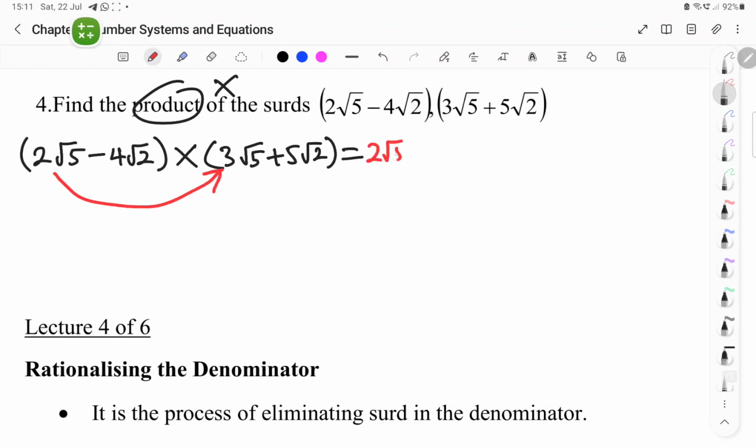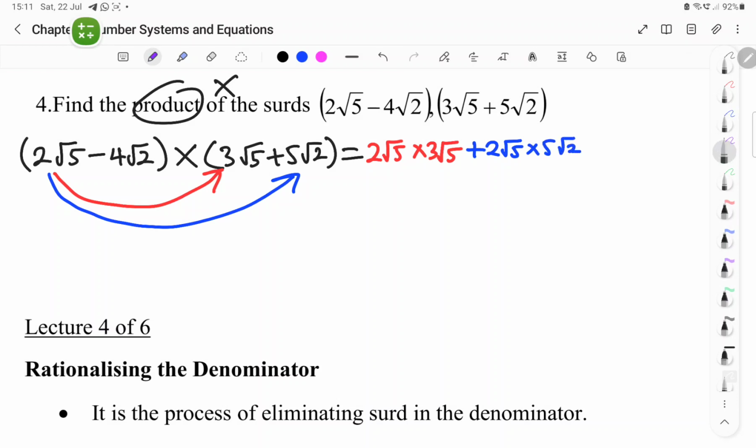So 2 square root of 5 multiply 3 square root of 5. Okay. Next, we multiply this one. Plus 2 square root of 5 multiply 5 square root of 2. Okay. And then next, this one, we multiply these two. Take note the negative over here.